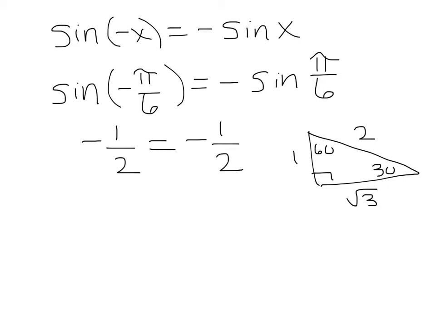As you can see from the example, the sine of negative x will always equal the negative sine of x. This is also true for the tangent function, which is also an odd function. Therefore, the tangent of negative x will always equal the negative tangent of x.